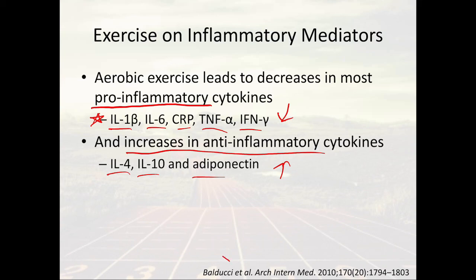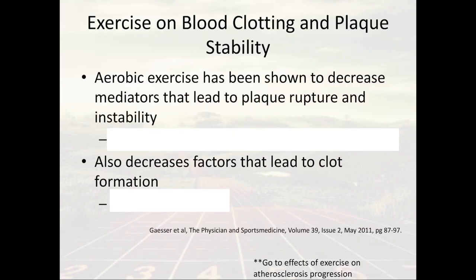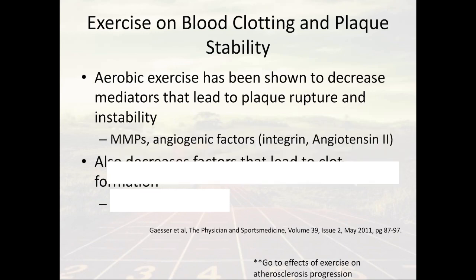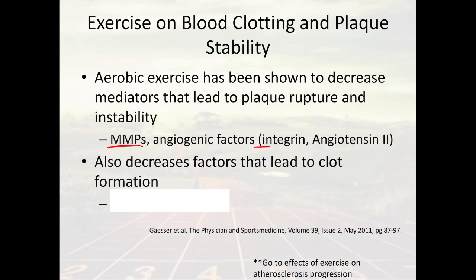So this article right here by Balducci is a fantastic article that shows this. When you read the review article that I was a part of writing at the end of the semester, we review this one exactly. But exercise has a full anti-inflammatory effect. Okay. What about exercise on blood clotting and plaque stability? Aerobic exercise has been shown to decrease mediators that lead to plaque rupture and instability. We were just talking about those. What were they? Right there are those MMPs. It was the integrin.